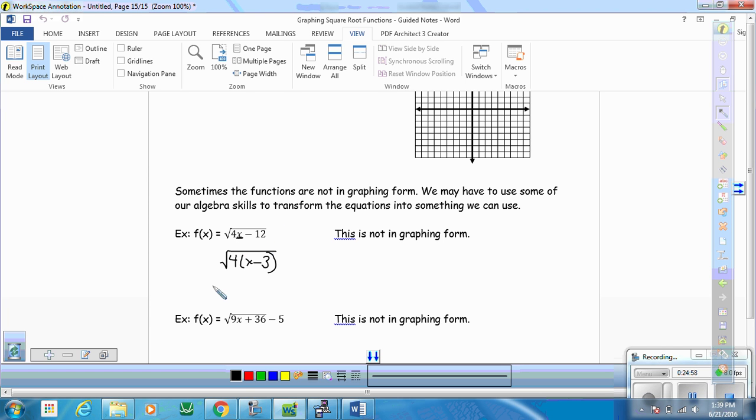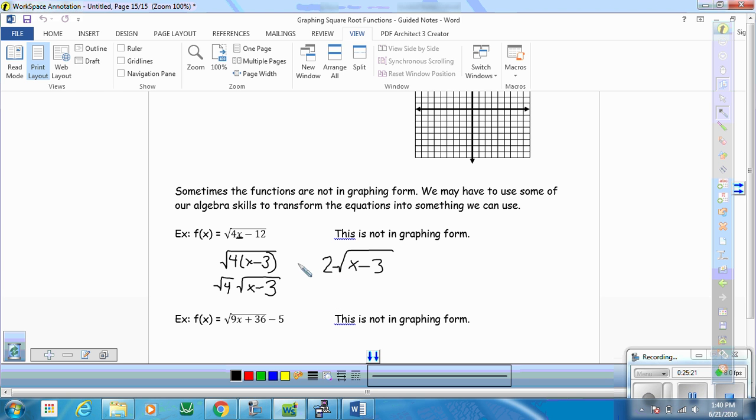And then what we have to do is separate our square roots. So now I have the square root of 4 and the square root of x minus 3. The square root of 4 I know. That's 2. Sometimes it might even turn out to be some kind of decimal number for graphing purposes. If you get something like the square root of 5 there, then you're like, oh, it's 2 point something, and we can rough estimate.